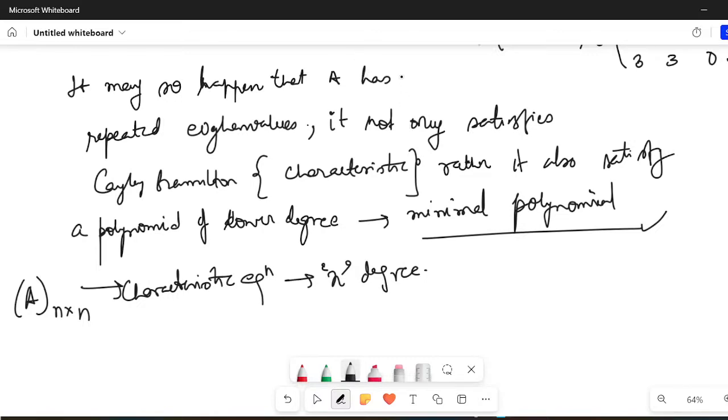Then it not only satisfies the characteristic equation, rather it also satisfies the minimal polynomial. What is a minimal polynomial? A minimal polynomial is a polynomial of lesser degree than the characteristic equation. So for an n cross n matrix, the characteristic equation will be of degree n. However, when the eigenvalues are repeated, A also satisfies another polynomial, which is called the minimal polynomial.